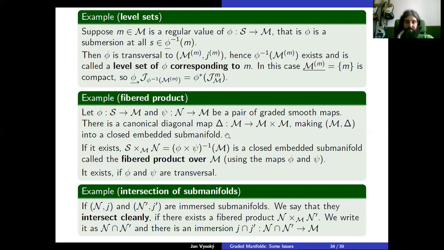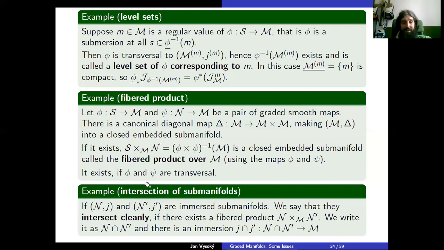Therefore you can calculate the inverse image of this using the map phi times psi, and this is a closed embedded submanifold, if it exists. If it exists, it's called the fiber product over M. It has all the good properties of a fiber product, and the sufficient condition is that if phi and psi are transversal, then it exists. For example, if they are surjective submersions, it exists. I think it's enough that one of them is a surjective submersion. So it's completely the same as the ordinary case, which is nice.